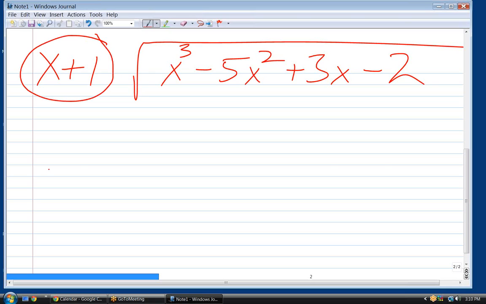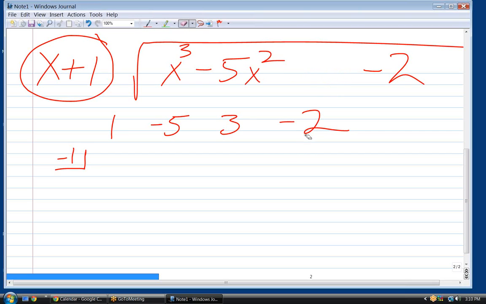-1. -1, exactly. So we put the -1 inside the box. We put the coefficients across the top. And we have to allow for a spot for every degree of x. In other words, if the 3x squared wasn't there, I would need to put a 0 in right there.